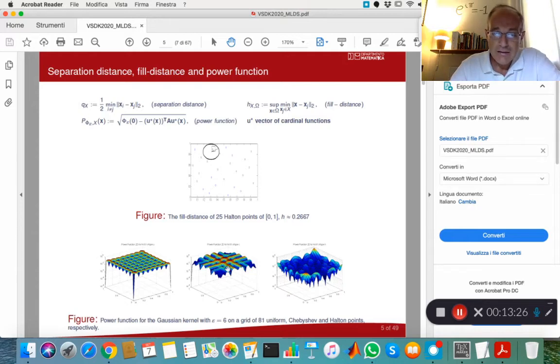Okay. This example shows that the value of this power function is very small, and what is interesting is that the power function decreases to 0 as the number of points increases.